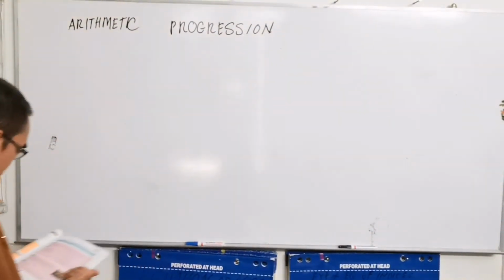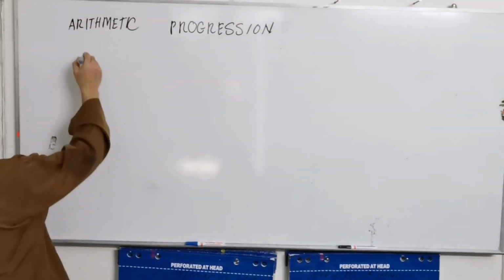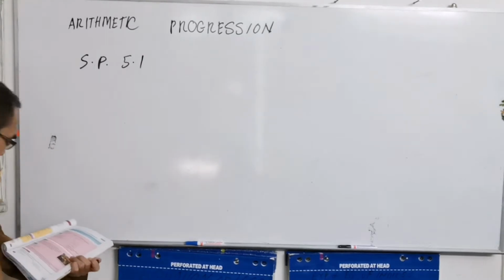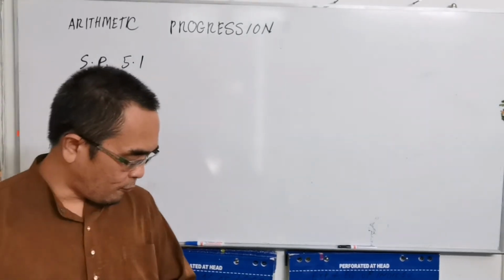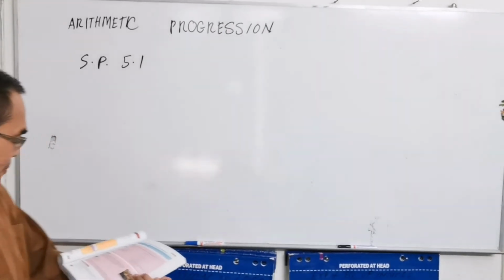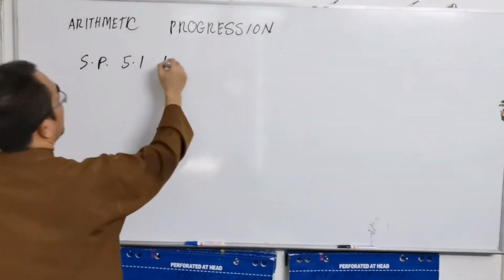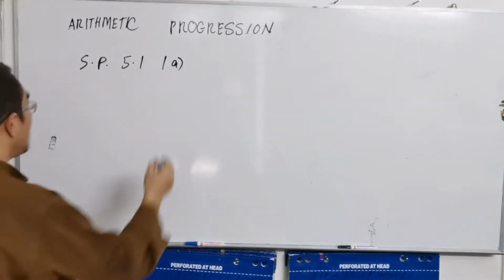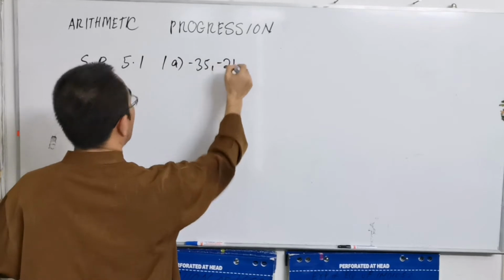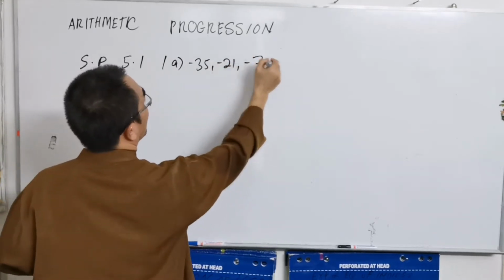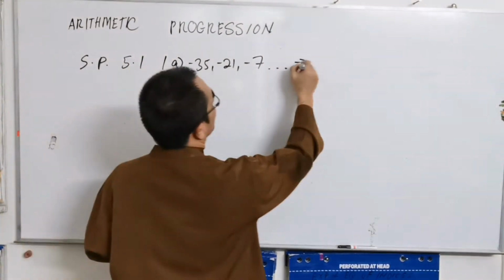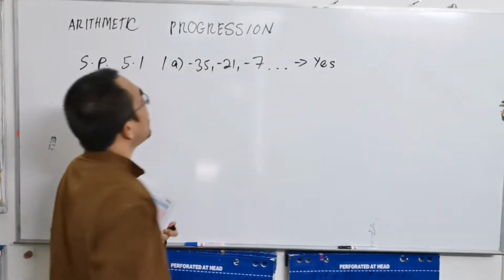Okay, let's continue with Self Practice 5.1. Find the common difference for each of the following arithmetic progressions and state the method to obtain the arithmetic progression. Number 1A: negative 35, negative 21, negative 7. Is it yes or no? The answer will be yes. Why?